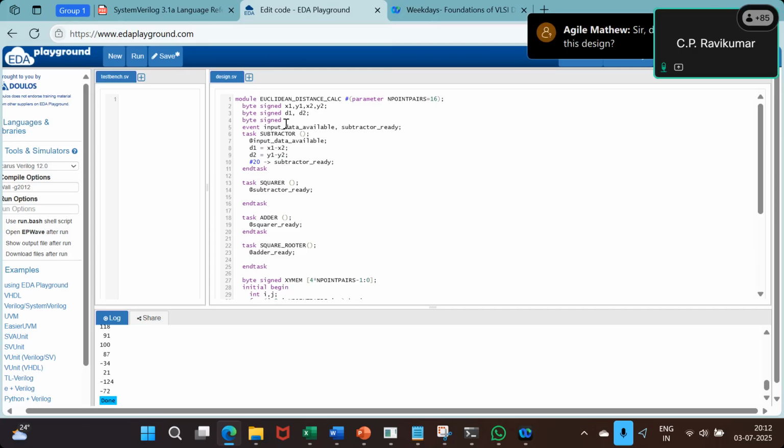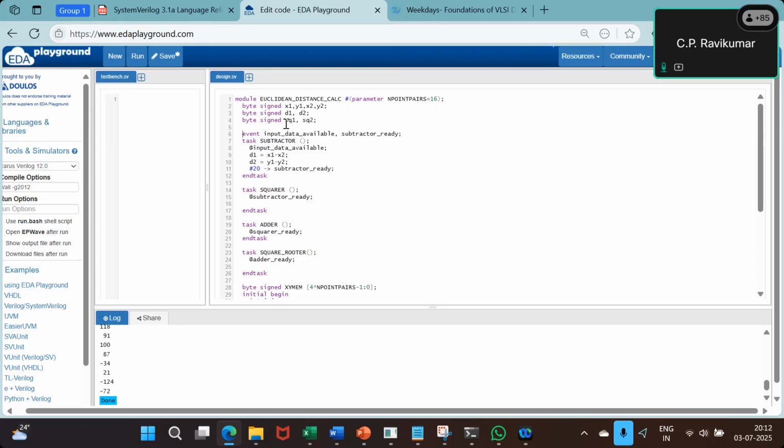So we will need, let us say, square 1 and square 2. So square 1 is nothing but d1 times d1, and square 2 is nothing but d2 times d2.